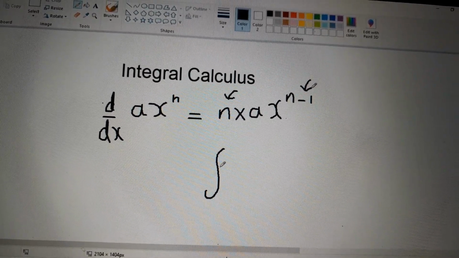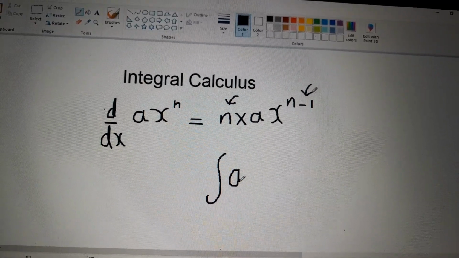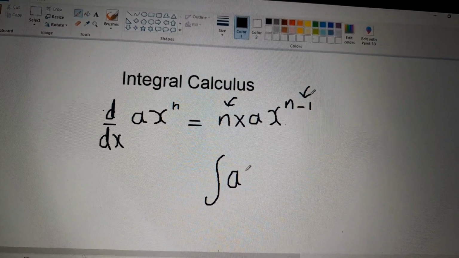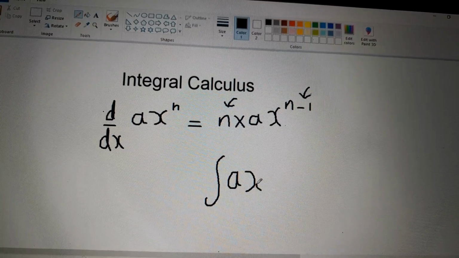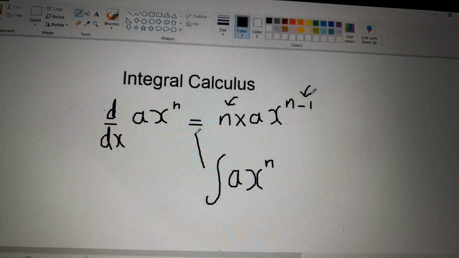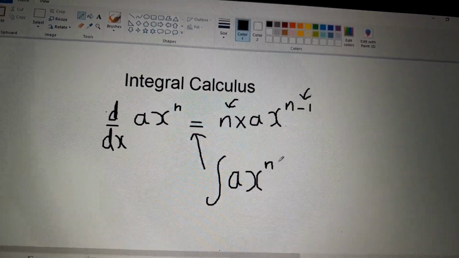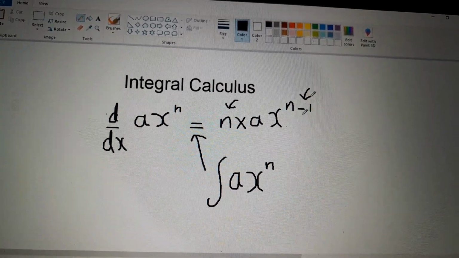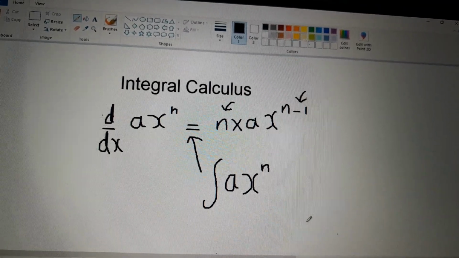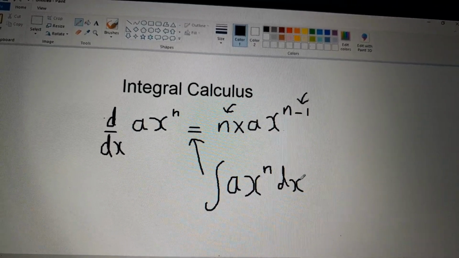So we see the integral of ax to the n power. Let's think about all we did up here and do the opposite. So instead of subtracting 1 from the power, what would be the opposite of subtracting 1? Adding. Excellent. Right?